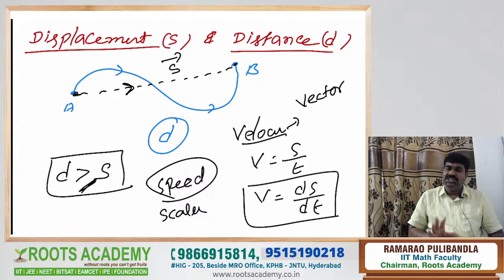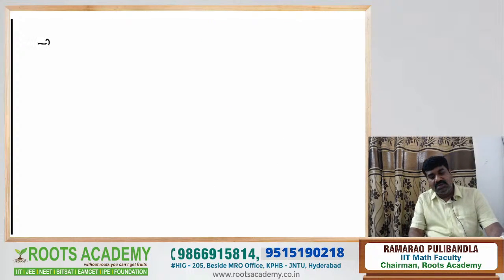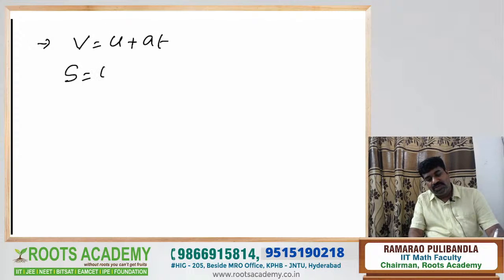In motion in a straight line, this is based on the kinematic equations. There are 4 kinematic equations. V is equal to u plus at. S is equal to ut plus half at square, the displacement in t seconds.